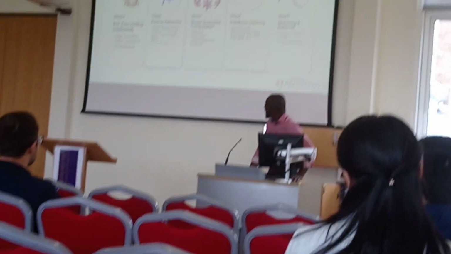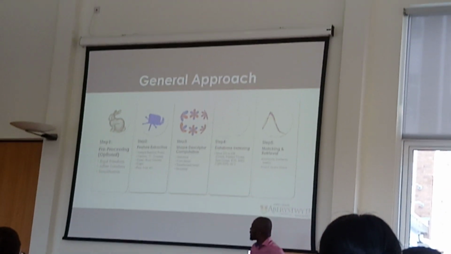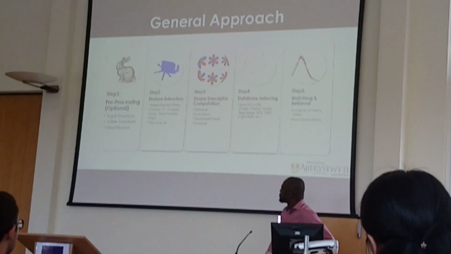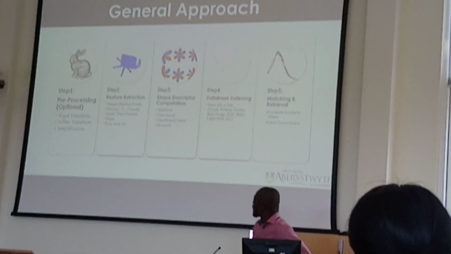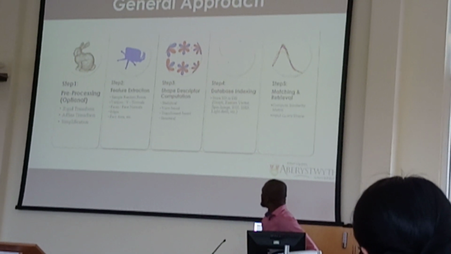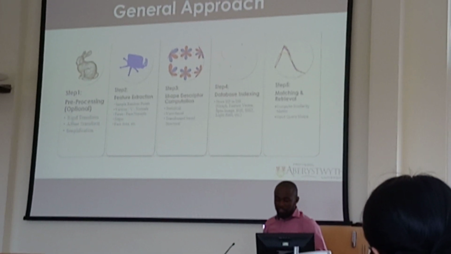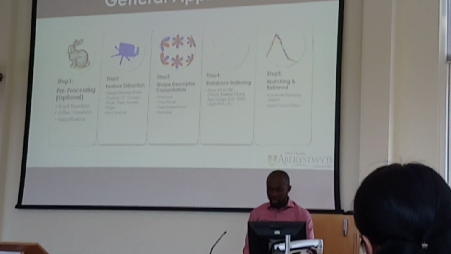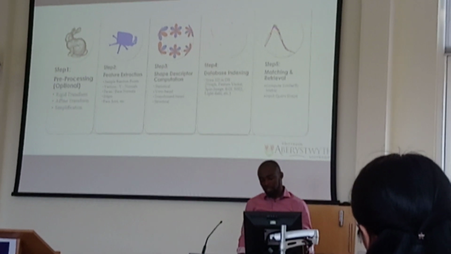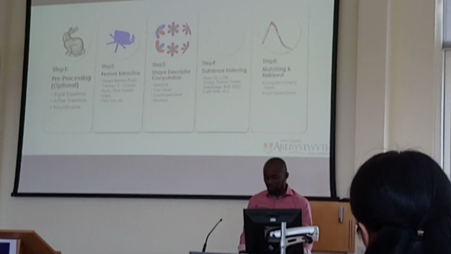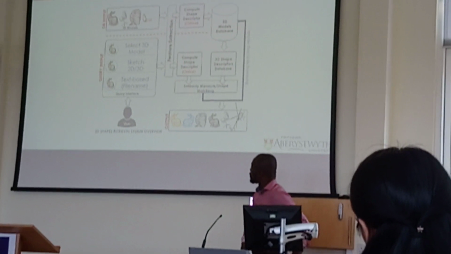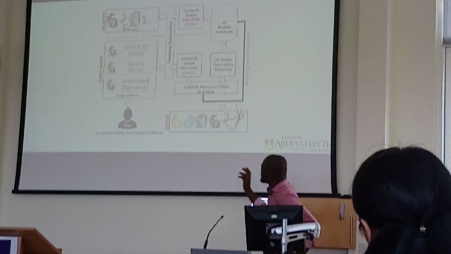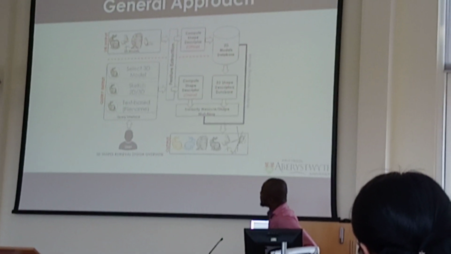That is optional depending on the type of sample we are working with. Then we extract features from the models. After that, we compute a shape descriptor, we index our database, and then it is those shape descriptors that we are going to match to find out the similarity of the database model against the query model. And so this is technically the system overview of a 3D content-based retriever.